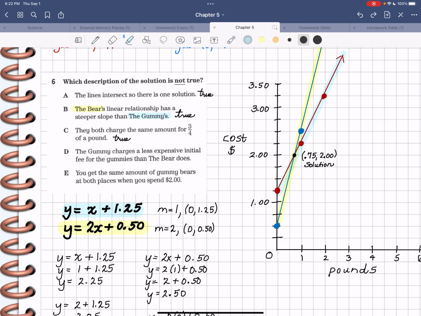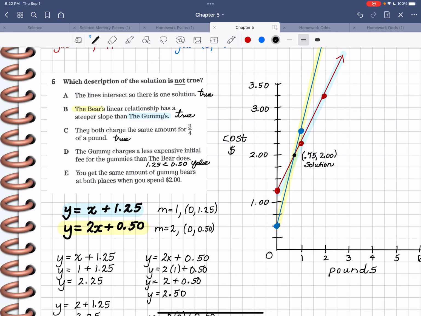Let's look at the actual y-intercepts for these. The gummy is $1.25, is less than 50 cents. Is that true? No, that is not true.